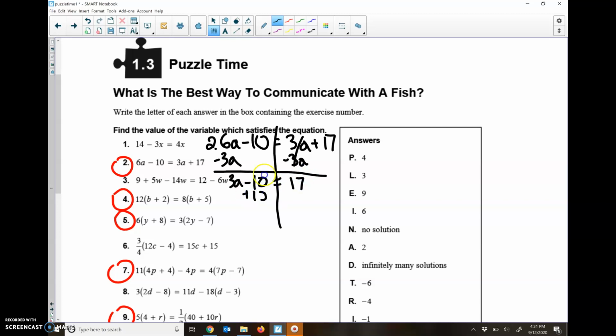I'm going to add 10 to each side. So that gives me 3a equals 17 plus 10 is 27. And then divide both sides by 3. So I'm just left with a equals 27 divided by 3 is 9.